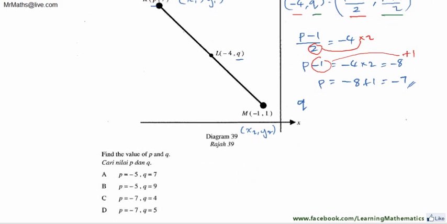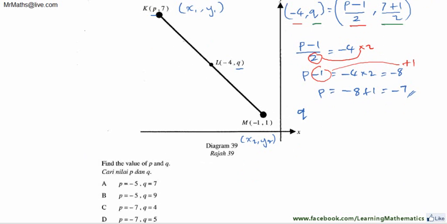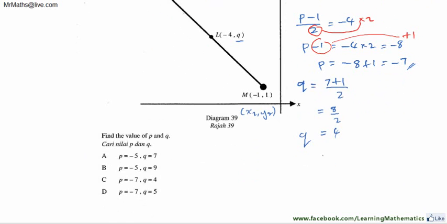P is minus 7, so it could only be C or D. A, B is wrong. So Q is equal to 7 plus 1 over 2, which is 8 over 2, which is 4. So P is minus 7, Q is 4, so the answer is C.